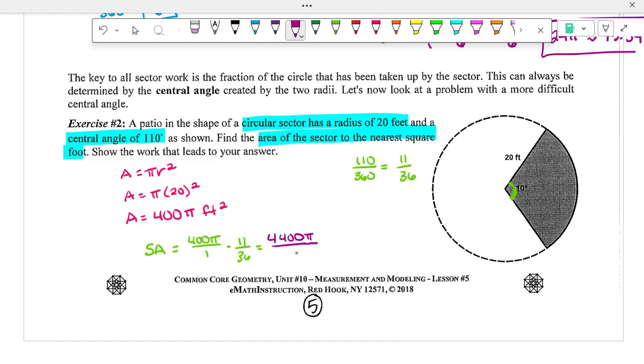Over 36. Now do 4,400 divided by 36, and if it's a fraction, just simplify it. 1,100 over 9.